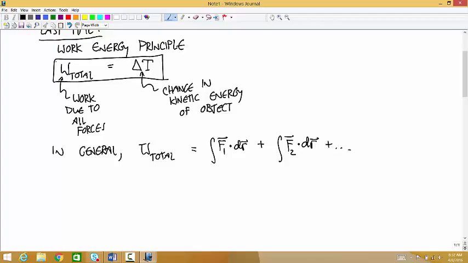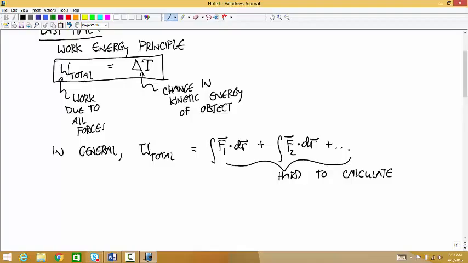The examples we've done are simple cases, ones where these are relatively easy to calculate. But generally speaking, this is hard to calculate. Okay?